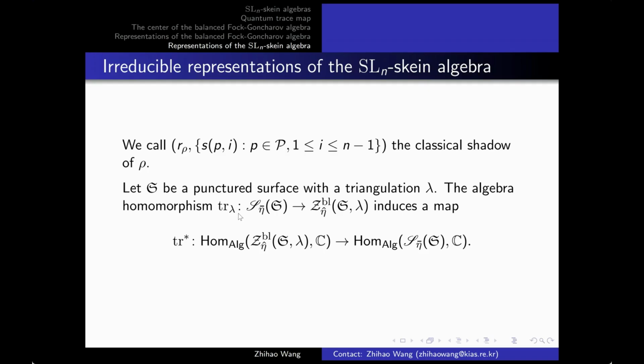The quantum trace map for the eta, it is not for omega, induces a map from this to this. Actually, this guy is also an algebraic variety, because this guy is a commutative algebra. They are also domains, they are also finitely generated. So now we have this map, trace star.